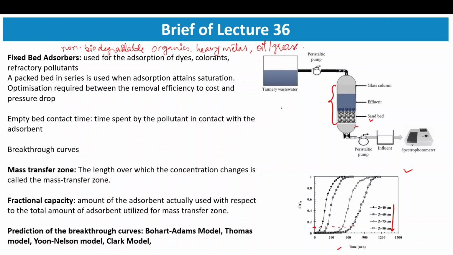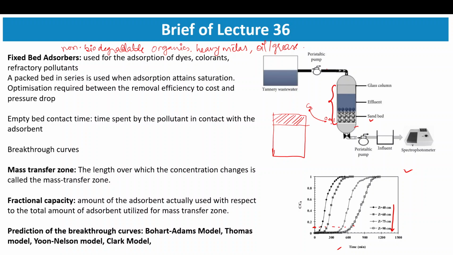Let's say this is the bed of adsorbent. Depending on the concentration, there will be a zone in which the adsorption occurs. Let's say this is the initial concentration C naught, and it reduces to a final concentration, let's say 0.001, of any pollutant.